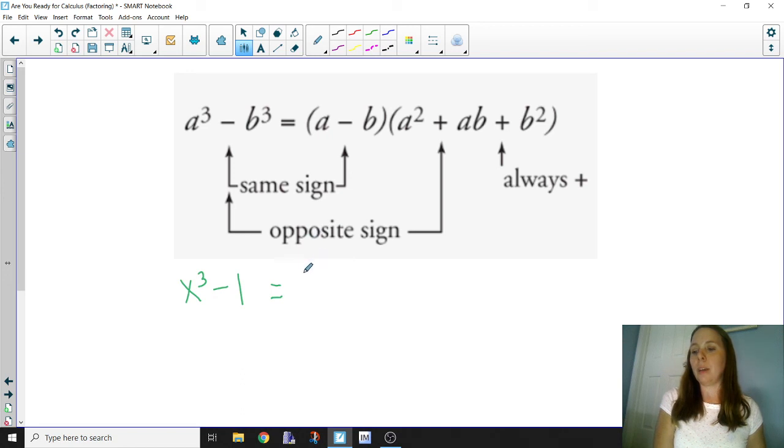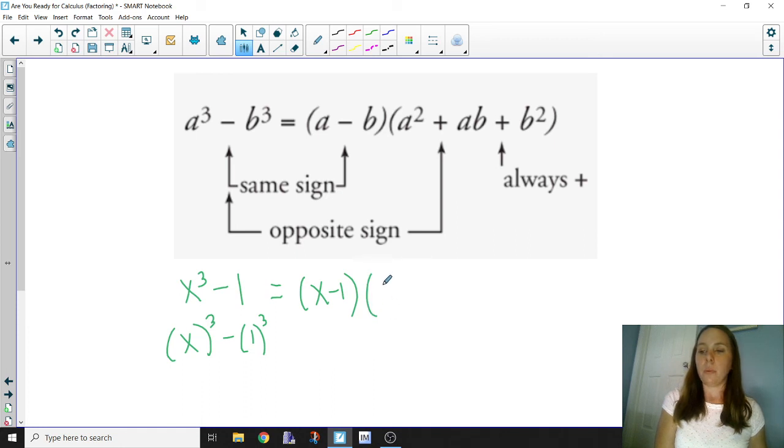But what I would do here is, x cubed minus 1 is the same as x cubed minus 1 cubed, right? So the a is x and the b is 1. So I would have here x minus 1 for the a minus b part.